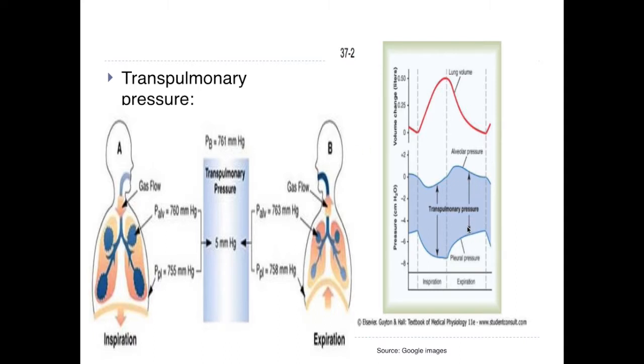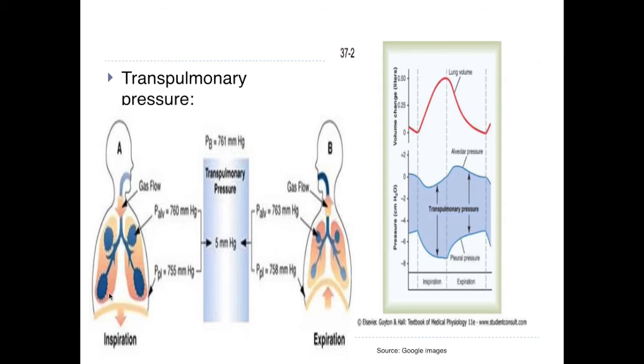How, that we'll discuss. At the apices of the lung, intrapleural pressure is minus 10 centimeter of water, and at the end of inspiration and expiration, intrapulmonary pressure is 0. So the difference is 10. At the bases, intrapleural pressure is minus 2.5 centimeter of water, and again intrapulmonary is 0.